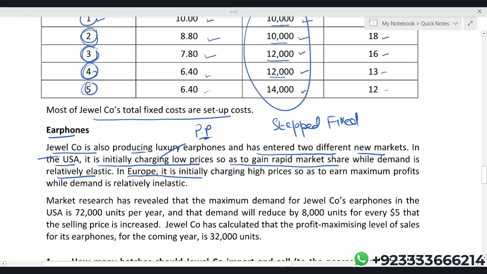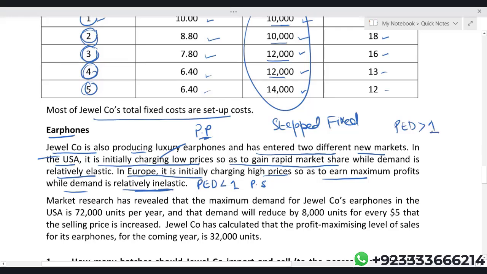In Europe, it is initially charging high prices, price skimming, so as to earn maximum profit while demand is relatively inelastic. Then price elasticity of demand is less than 1 in case of inelastic. Elastic means price elasticity of demand is more than 1.